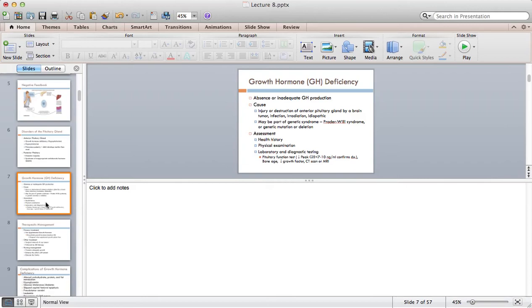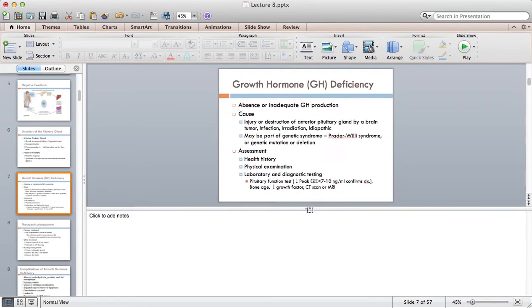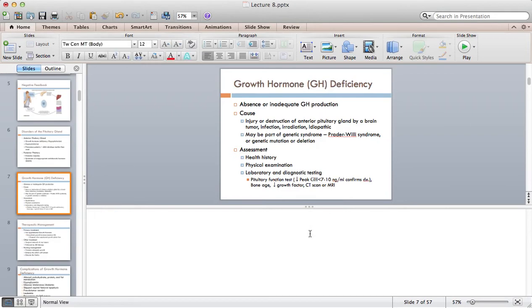We established that when the child is born, we measure the height and weight of the child, and then by 6 months, what is the height supposed to be? How many inches? Or by 1 year, how many inches do you expect to see?